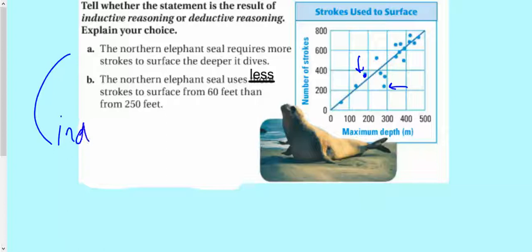We're using general patterns and trends. And then part B, the northern elephant seal uses fewer strokes to surface from 60 versus 250. So 60 is right here, and then 250 is right here. So that would be factual. We have the data for that. So that would be using deductive reasoning. So facts versus trends is kind of what we're going for.